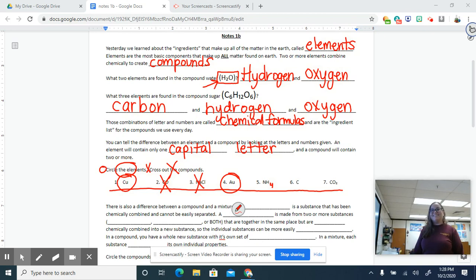But anyway, cross it out. That is ammonia. Circle it. What is it? Good job. Carbon. Last one. I already gave you this one. Yep, it's a compound. What compound is it? Carbon dioxide. Good job.